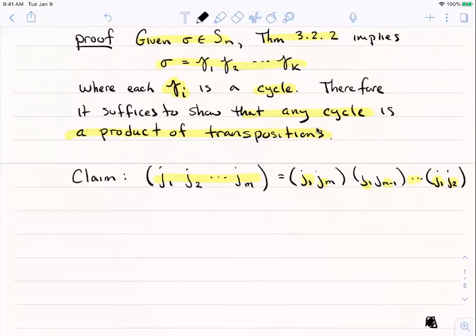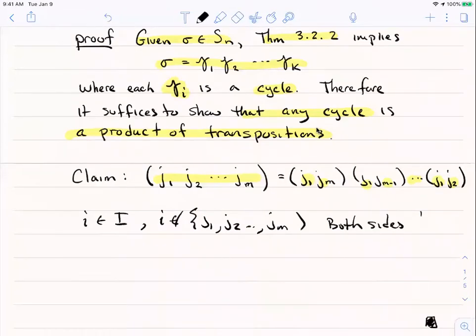So if you take some index I that's in our index set, and I is not one of these J's, I isn't J1, it's not J2, it's not Jm, then both sides fix I. They both send I to itself. So we only have to worry about the indices that occur in here.